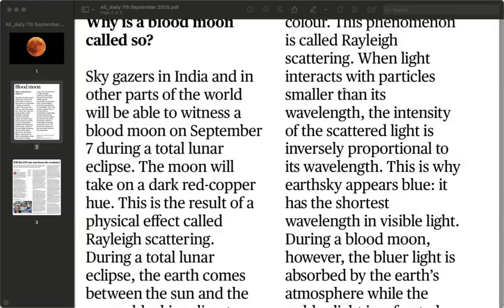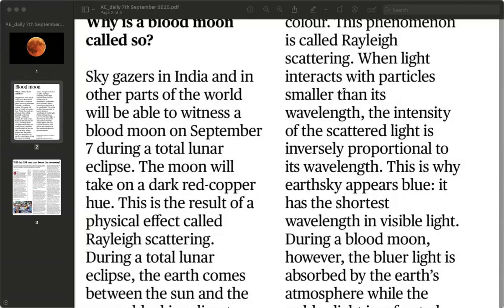And this is why the sky is blue during the day, because blue light spreads everywhere. Red light, students, on the other hand, travels more directly and isn't scattered as much. So during a total lunar eclipse, the Earth's atmosphere filters out most of the blue light.